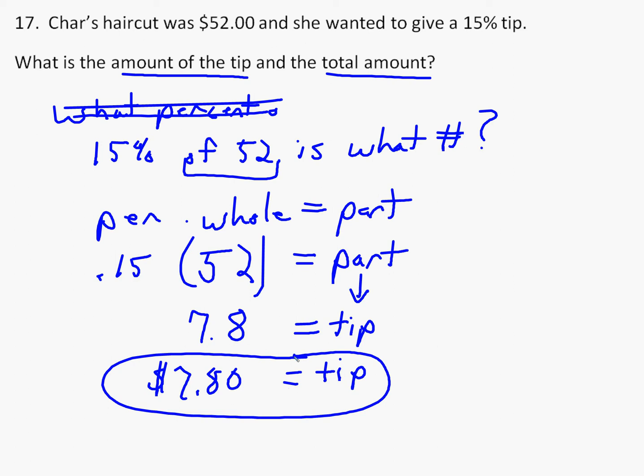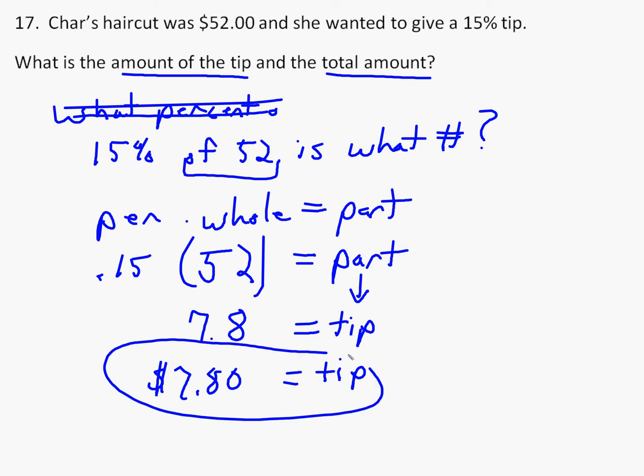Now that you know what the tip is, we can take our original $52, the price of the haircut, plus the tip, which was $7.80, add those things up, and we get $65.80. And that was the total amount.